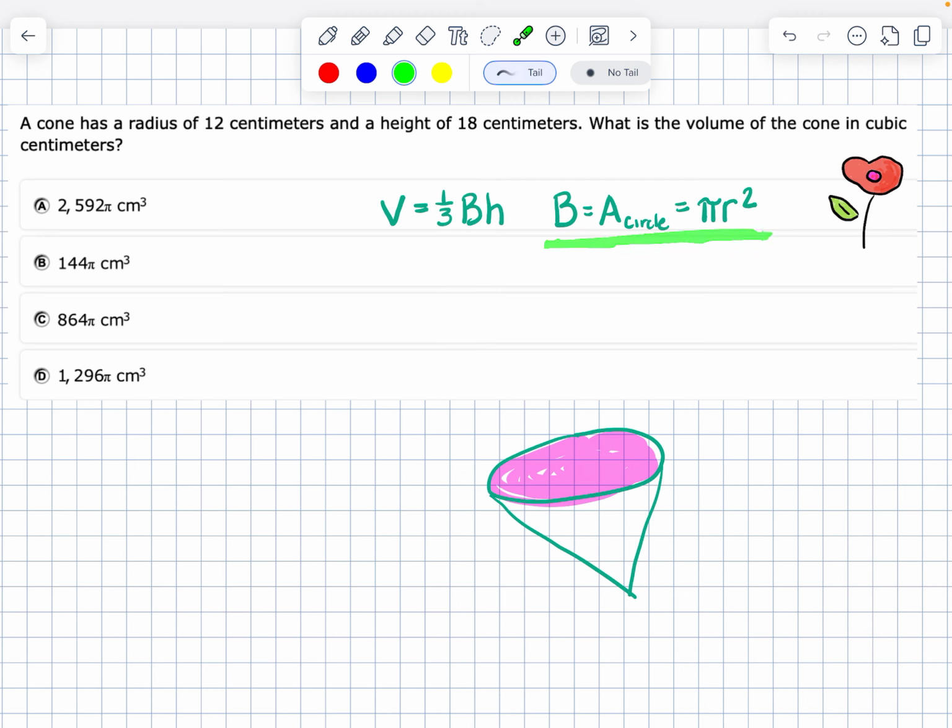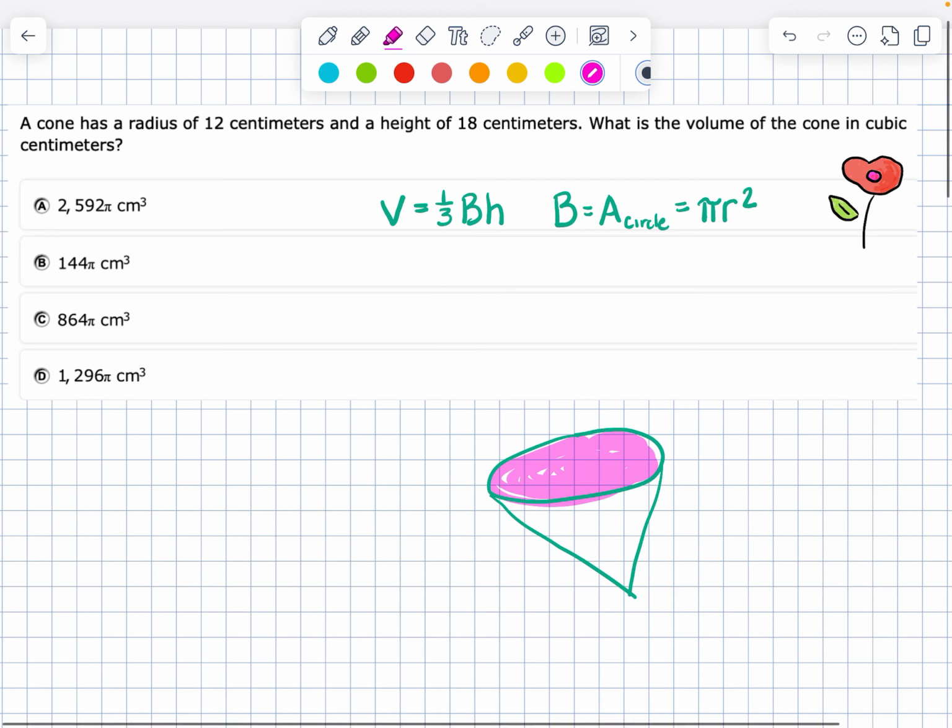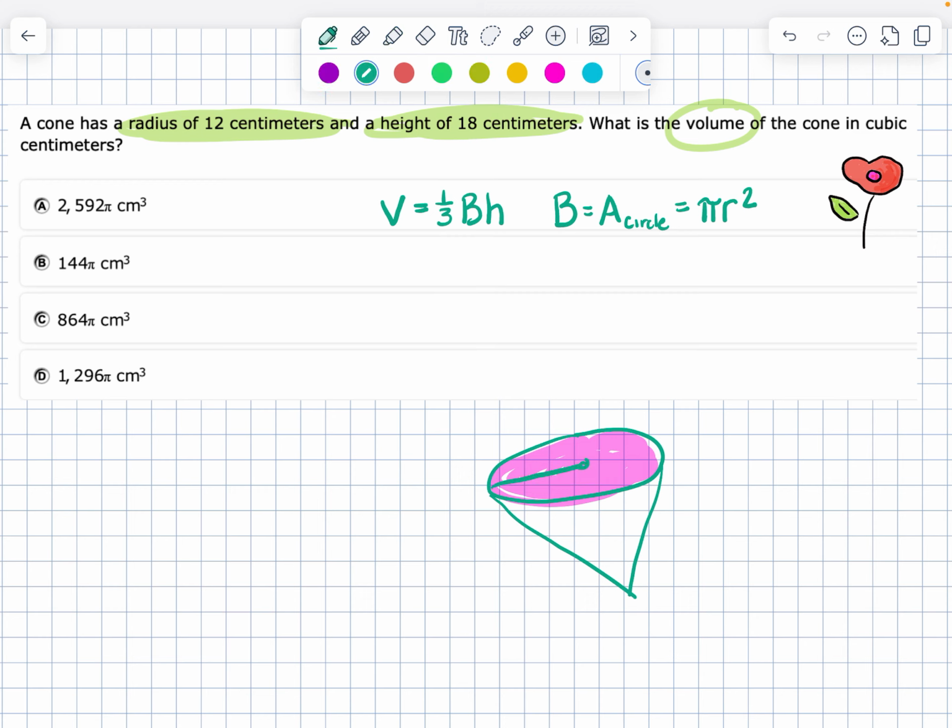Okay, so what we're going to do, we're going to mark the cone first. So let's mark, we have a radius. Let me highlight these. We have a radius of 12 centimeters, and we have a height of 18 centimeters, and they want to know the volume. Okay, so let's go ahead now and mark this. So the radius, they're telling us, is 12 centimeters.